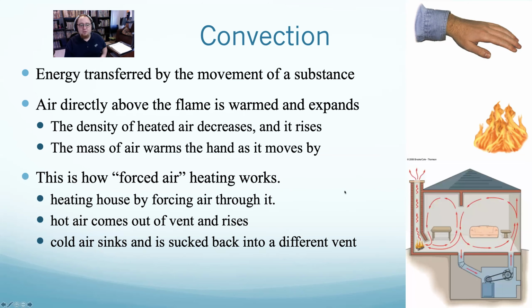A hair dryer is convection, blowing hot air on something. Forced air in a house where you blow hot air through the house, that's convection. Convection is changing the temperature by blowing hot air on it or some other substance. Water cooling is cooling by convection. It's by shooting cold water at it.